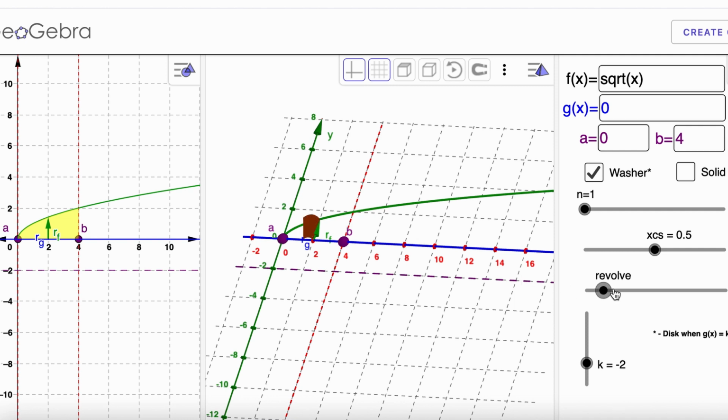As I revolve it, you should see that there is a hole in the center between y equals 0 and y equals -2. That same space has to be reflected below. And therefore, we have what is called a washer, just like if you look at tools, it is the shape of a washer.